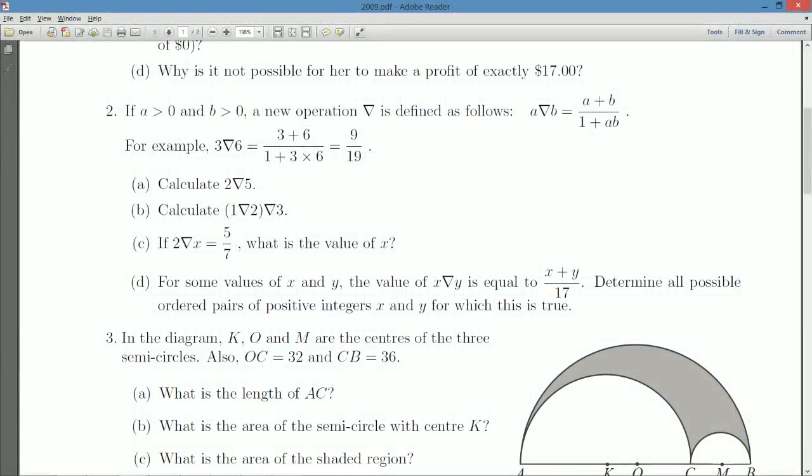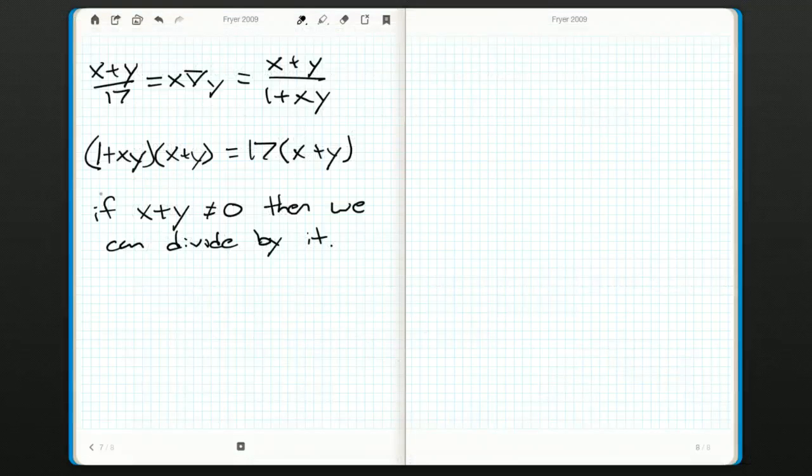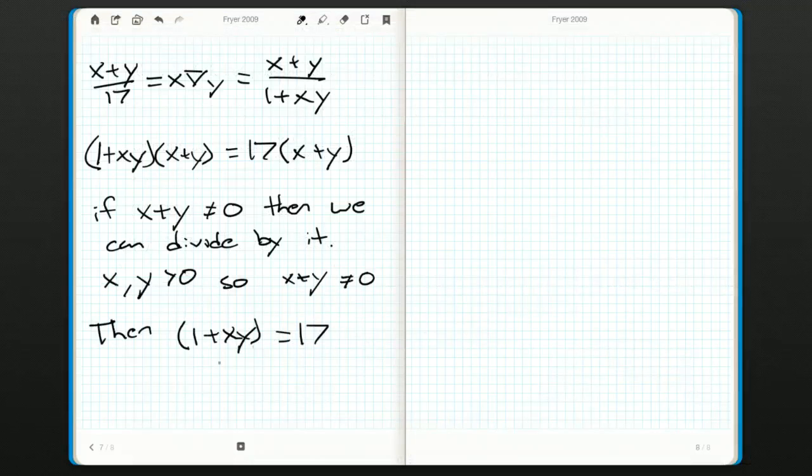And we're actually told all ordered pairs of positive integers x and y. So x and y are greater than 0. So x plus y is definitely not 0. So then we know 1 plus xy is going to be equal to 17.